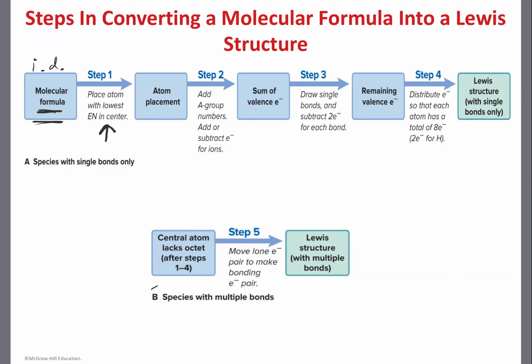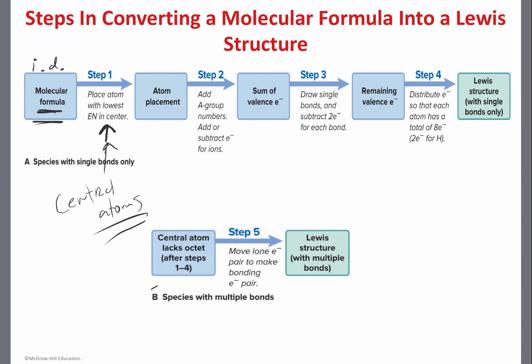Now, after you identify that molecular formula, the next thing that you do, if your molecule has one central atom, and sometimes we'll have more than one, okay, is this: as a general rule, atoms with the lowest electronegativity like to be central atoms. You'll find some rules along the way for central atoms, and you'll become more familiar with what types of atoms can be central atoms and which can't ever be, because sometimes there are definite trends.